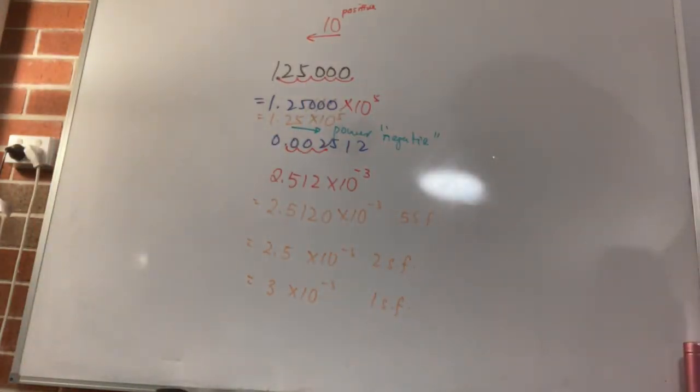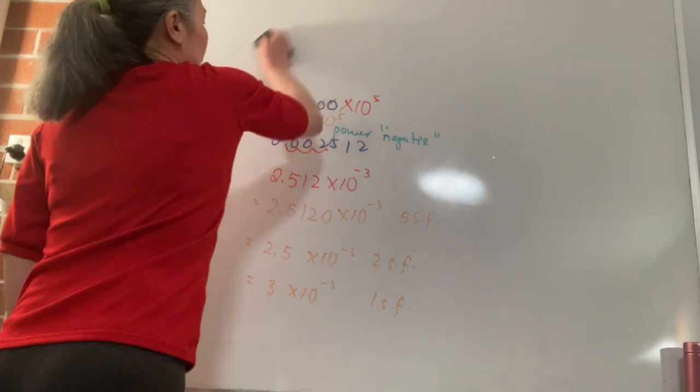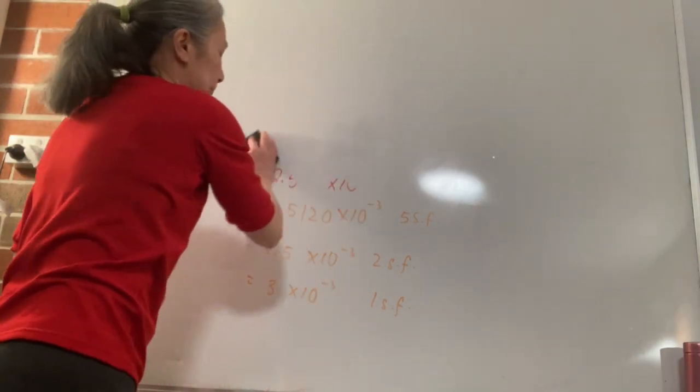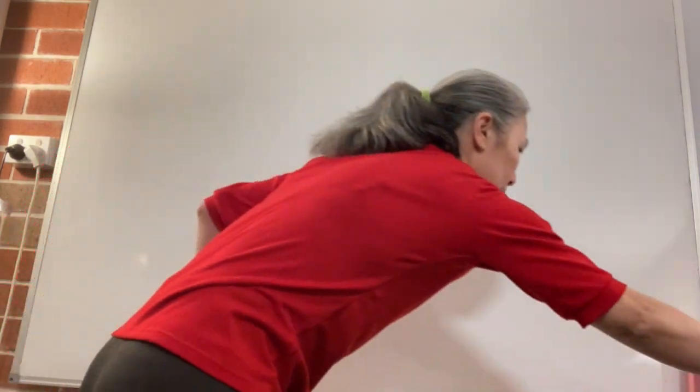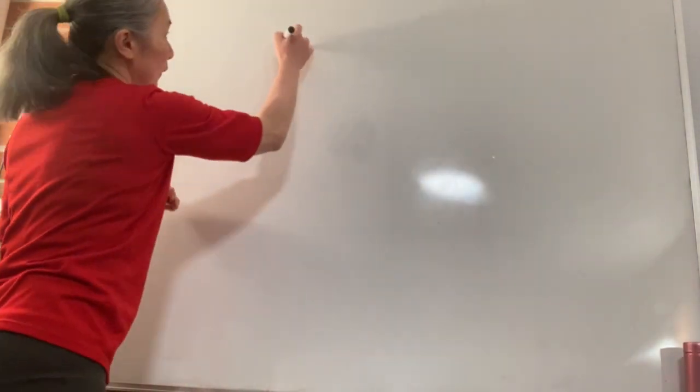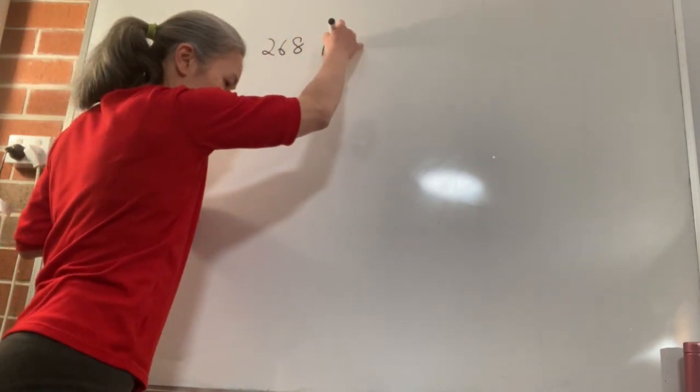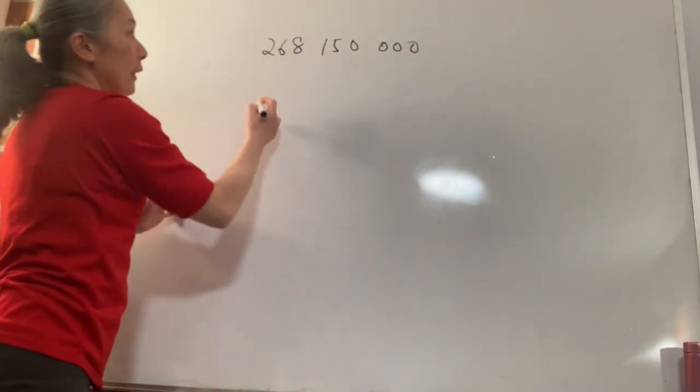So first thing I want you to do is write it as standard form. That means scientific notation, standard form. For the first one, how many times are you going to shift it? Shift it to right after the 2, because your number is 268.